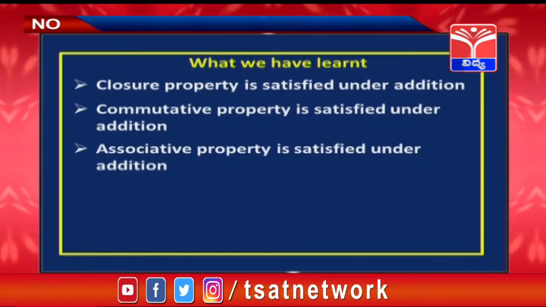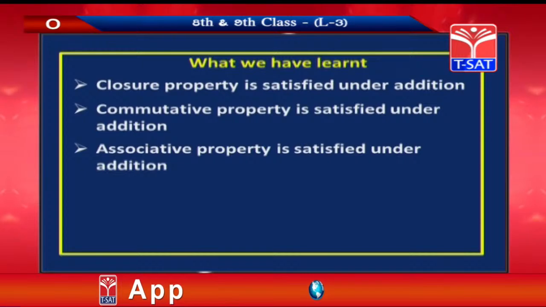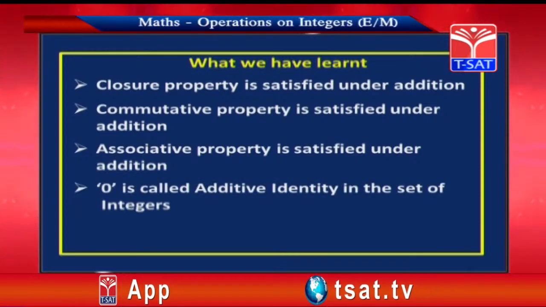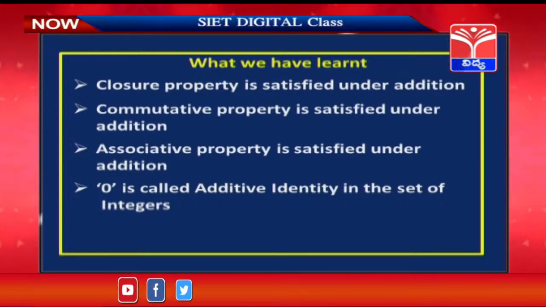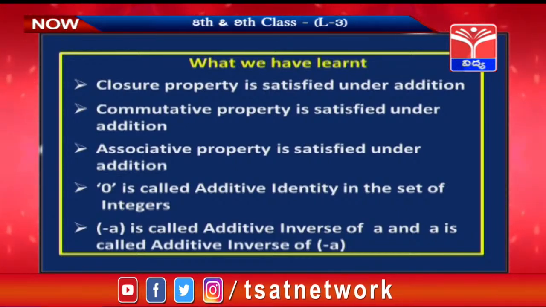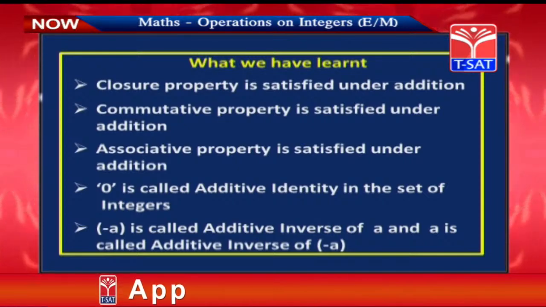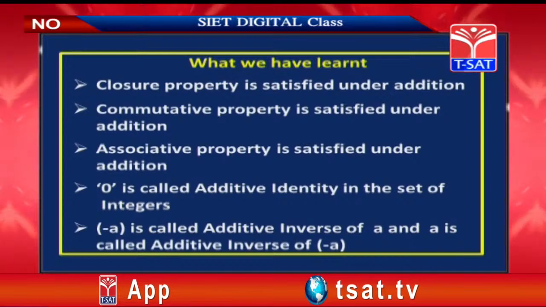Also, we have seen that associative property is also satisfied under addition, and also we have seen 0 is called the additive identity in the set of integers, and finally we have seen that minus a is called additive inverse of a and a is called additive inverse of minus a, where a is any integer.